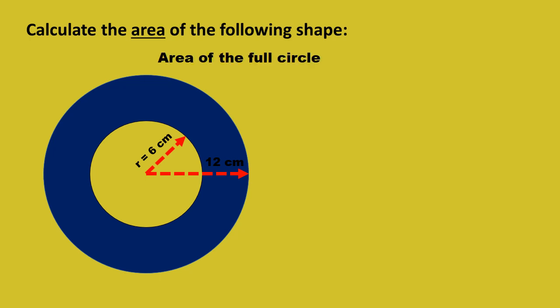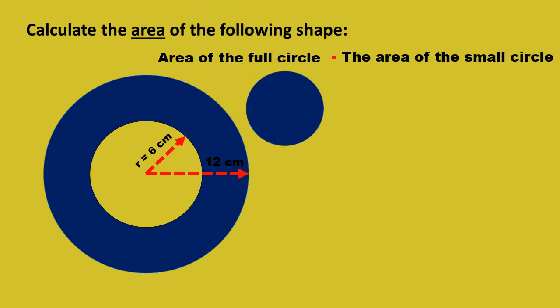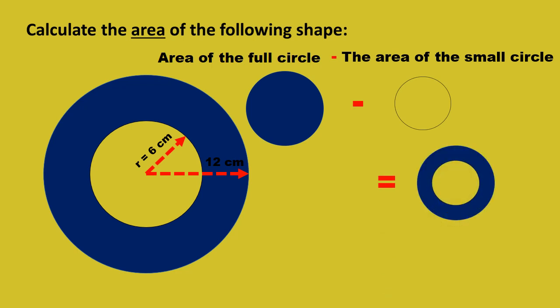So can you see that if you take the area of the full circle that you had before that small circle came jumping in, the blue one originally, and you minus the area of the small little circle, that would give you the area of the shaded part, because you are taking away that middle part.